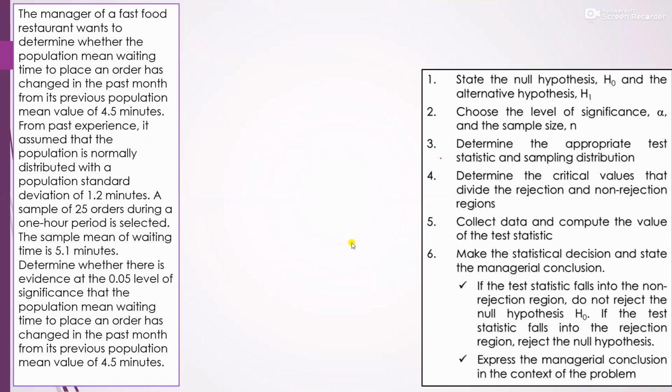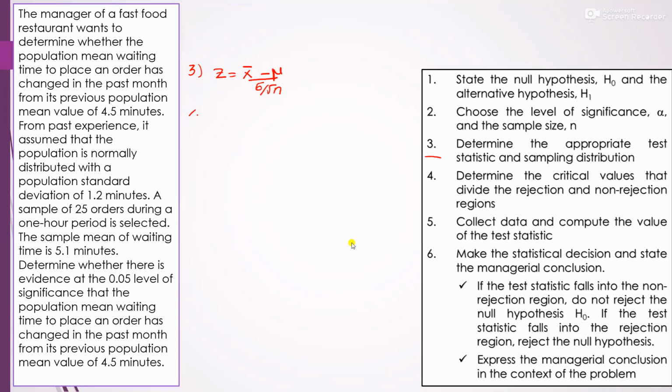Now in step 3, we have the test statistic Z equal to X bar minus mu over sigma over square root of n, right?